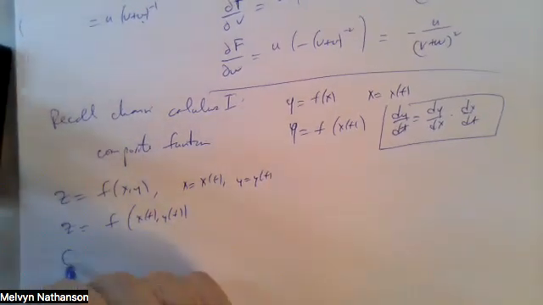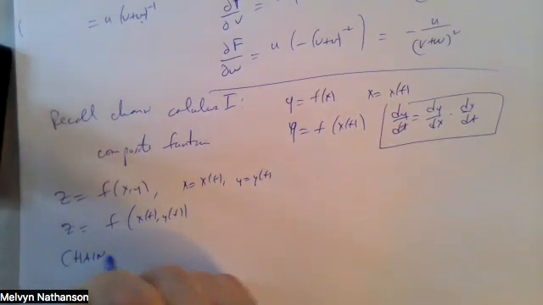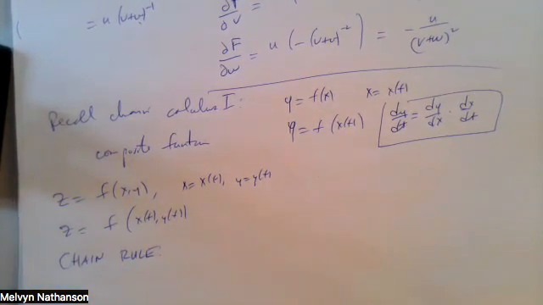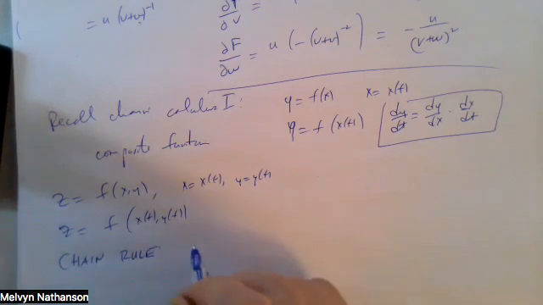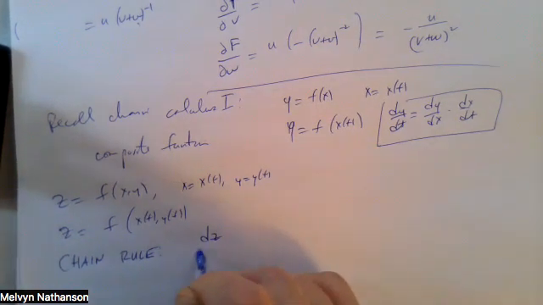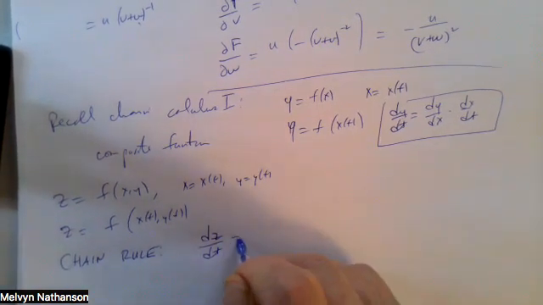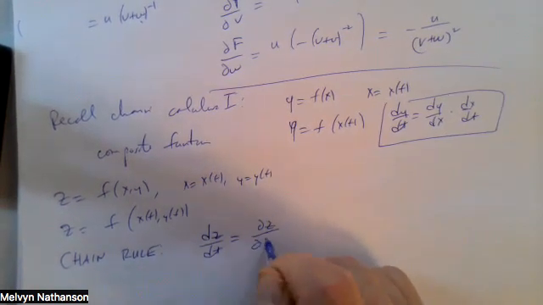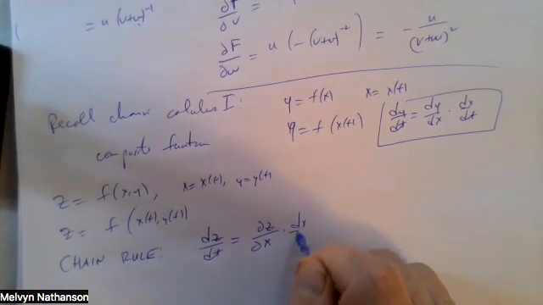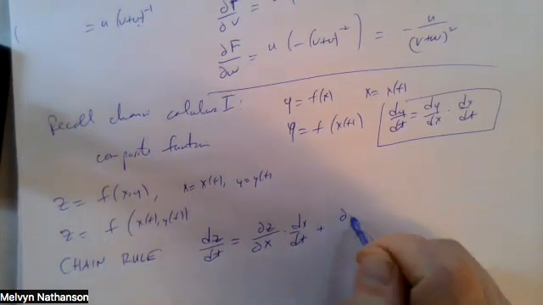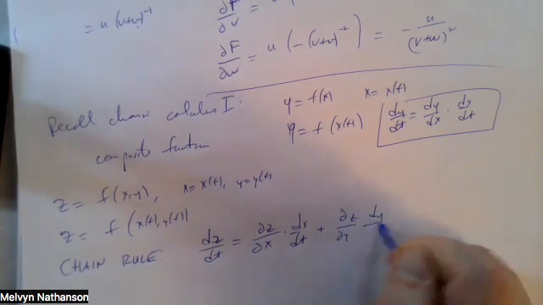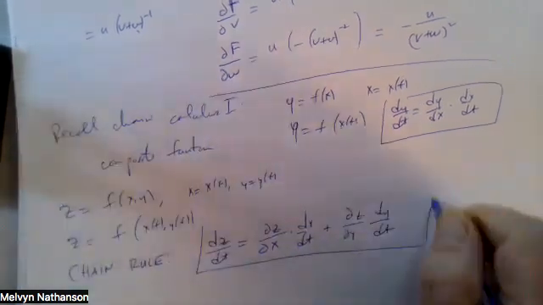So this is the chain rule, which you have to know. It says if you differentiate this function with respect to t, this is the partial derivative of the function with respect to x times dx dt, plus the partial derivative of the function z with respect to y times dy dt.